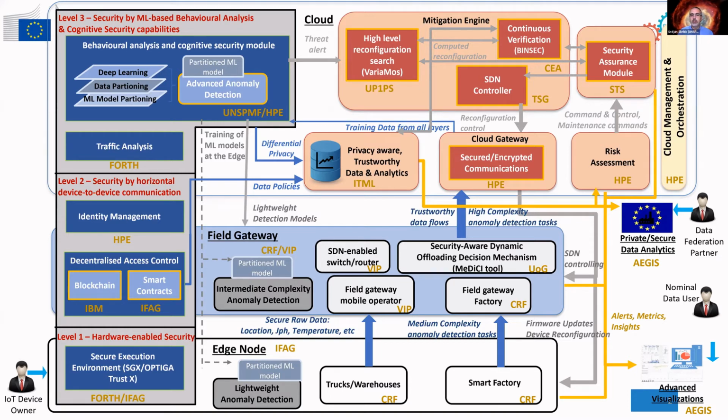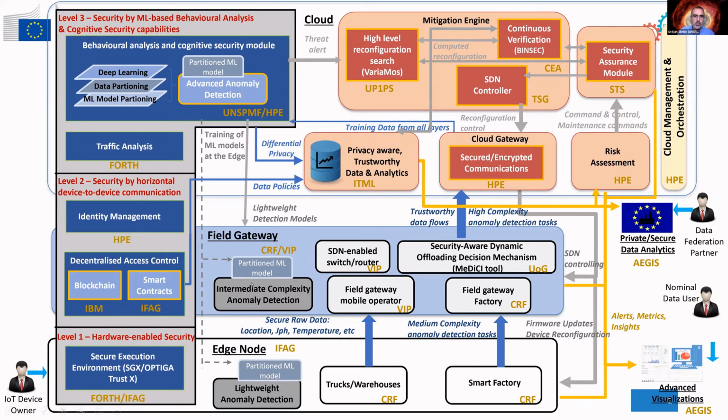They get the data from them and, based on the confidence score, decide if an anomaly is already detected or if additional processing is needed with much more powerful machines in the field gateway layer. There's an offloading decision mechanism, a tool that decides in which cases data needs to be offloaded for further processing. This is the intermediate complexity anomaly detection you can see here.